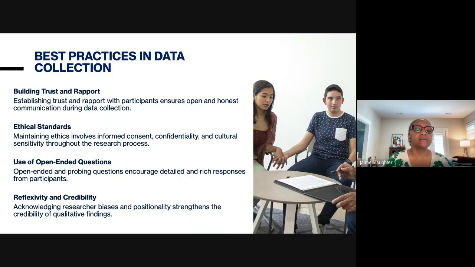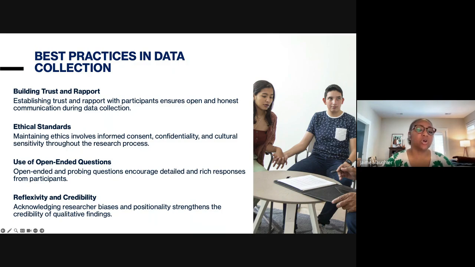And of course, doing the research in a way that promotes cultural sensitivity throughout the process feeds back to the first area of building trust and rapport.